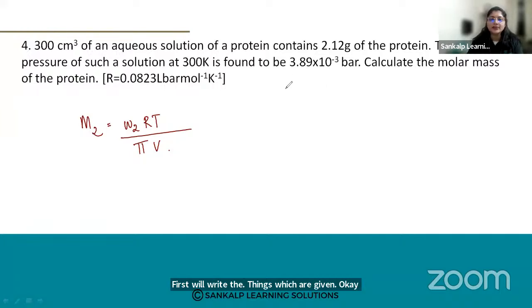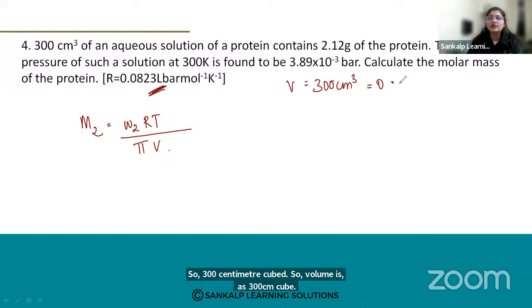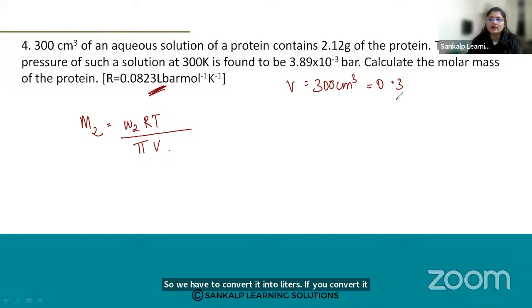So volume is given as 300 centimeter cube. So we have to convert it into liters. If you convert it into liters, it is 0.3 liters. Okay. Then the weight of the solute is given as W2 is 2.12 grams.